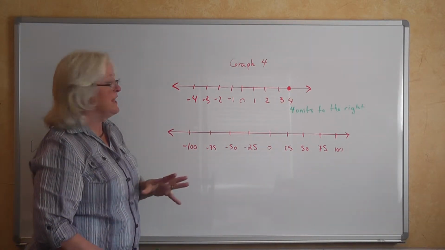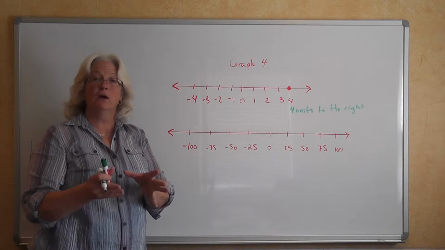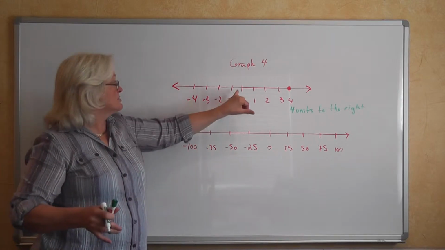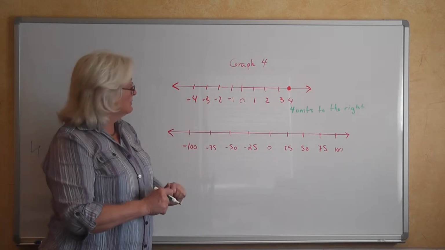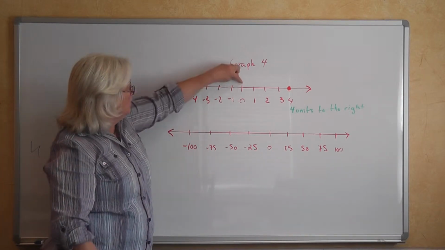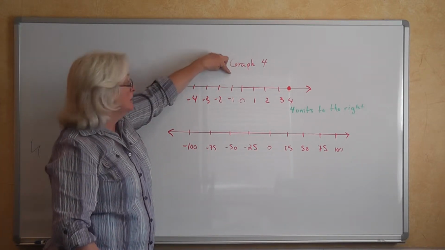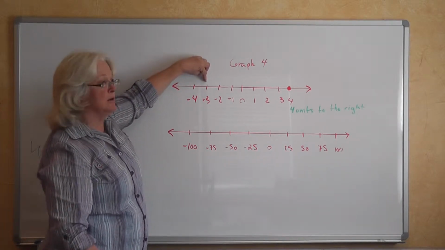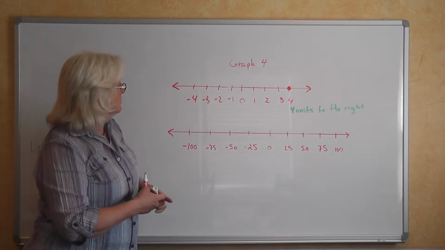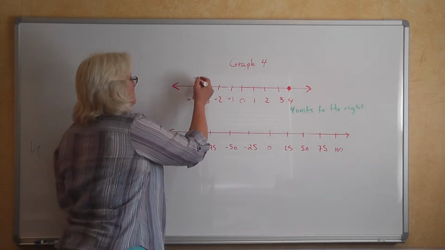Well, let's go ahead and see what we would graph if we're going to start at 0 and we're going to move 4 units to the left. We are going to go, 1 unit takes us to -1, -2, that's 2 units, 3 units, and 4 units, and we're going to graph that number.